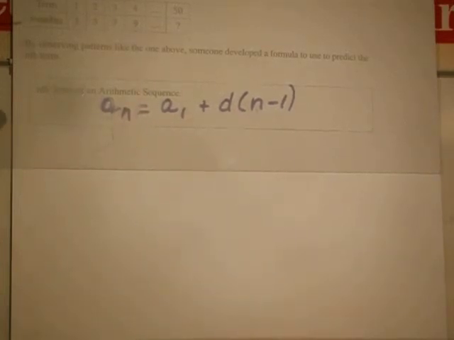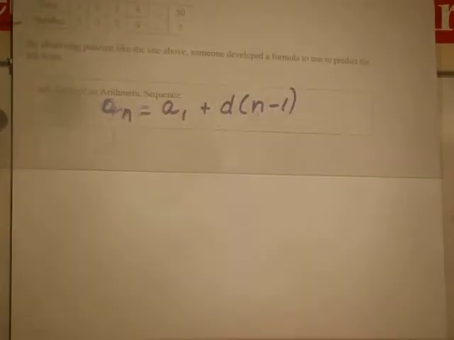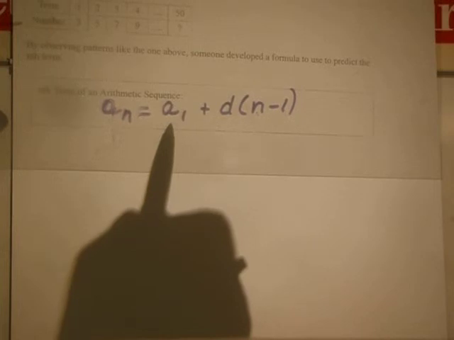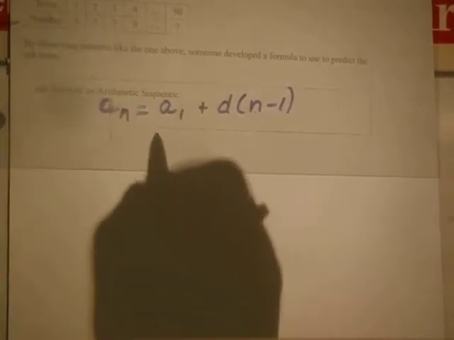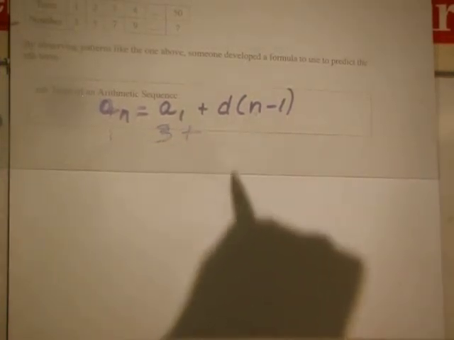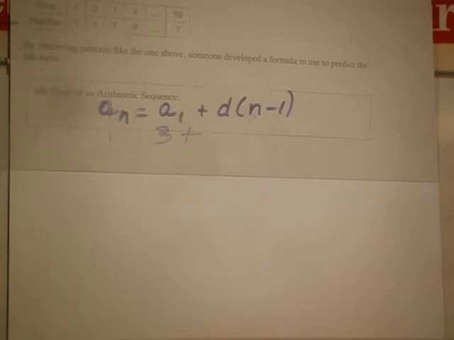So let's take a look at this formula and let's predict the 50th term. A sub 1 is the first number in our sequence, which in this case is 3. The difference is how much we are increasing or decreasing each time.